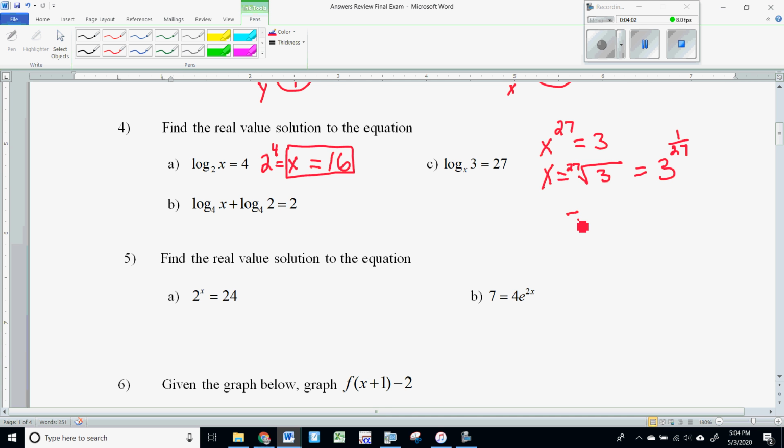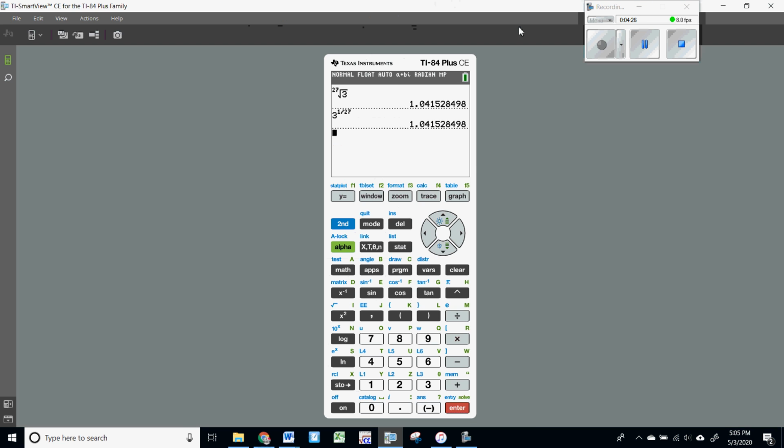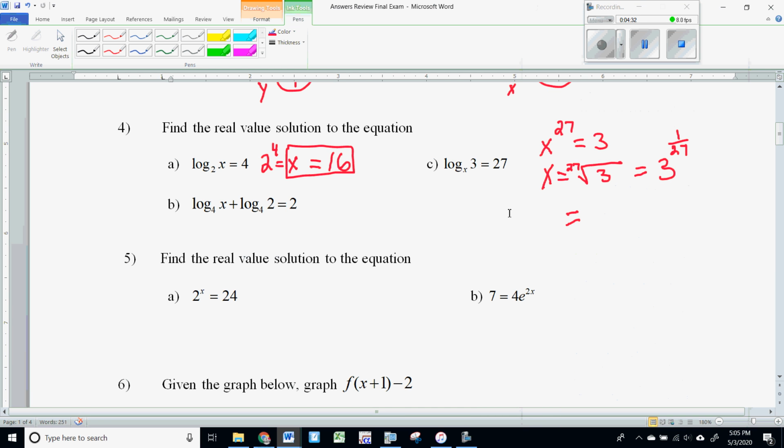And that is absolutely going to be a calculator thing. We'll do it both ways here. If we do the 27th root of 3, or if we do 3 to the 1 over 27th, you can see we get the same answer either way, 1.042.